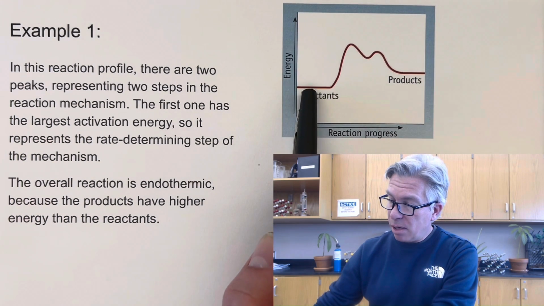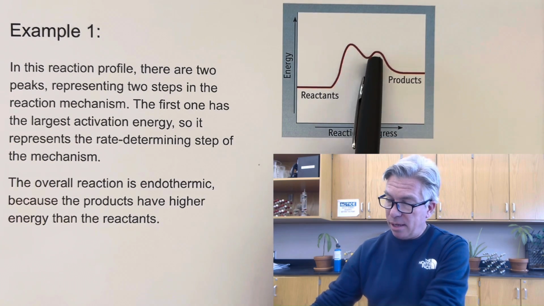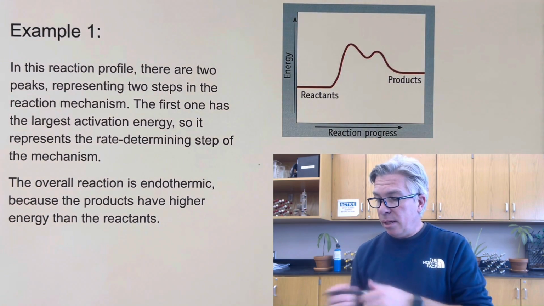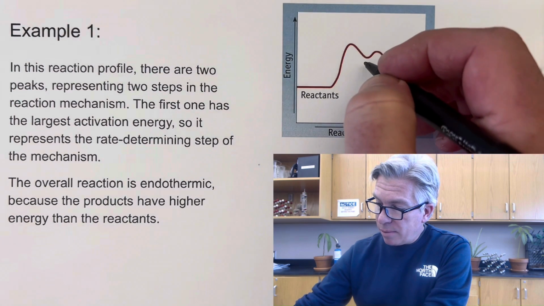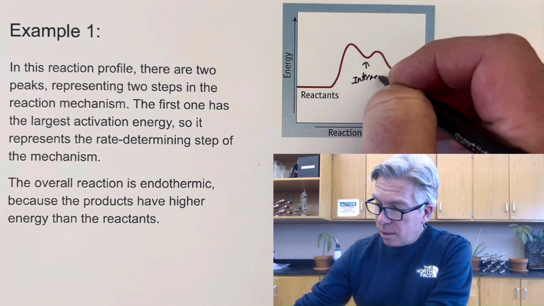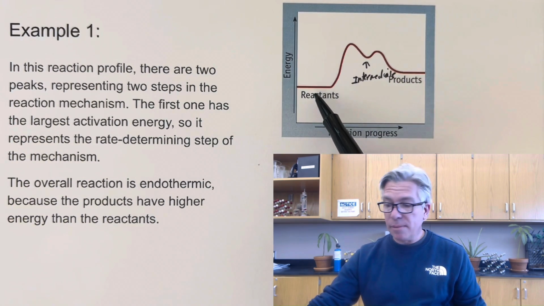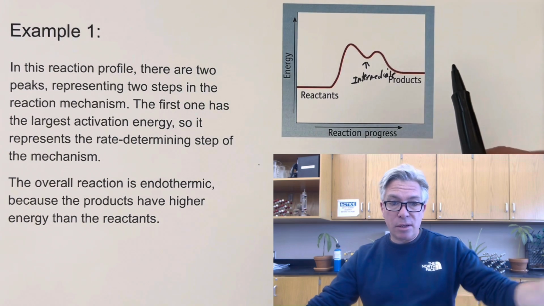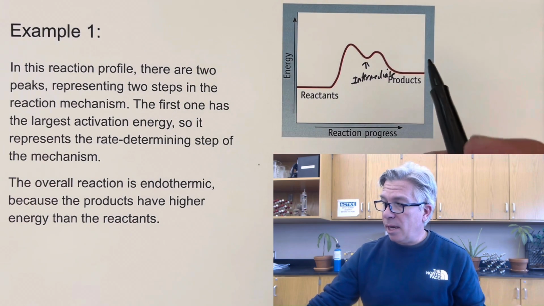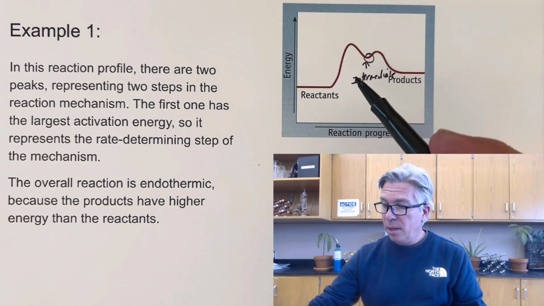For the reactants to become products, you have to go up this mountain and down to the middle, and that middle part right there is a place where we would have a reaction intermediate. A stable species that's not the reactants anymore, but it's not quite the products yet. Maybe it has another step to go, but it'll get there. And that's where the intermediate would sort of live on the energy diagram.